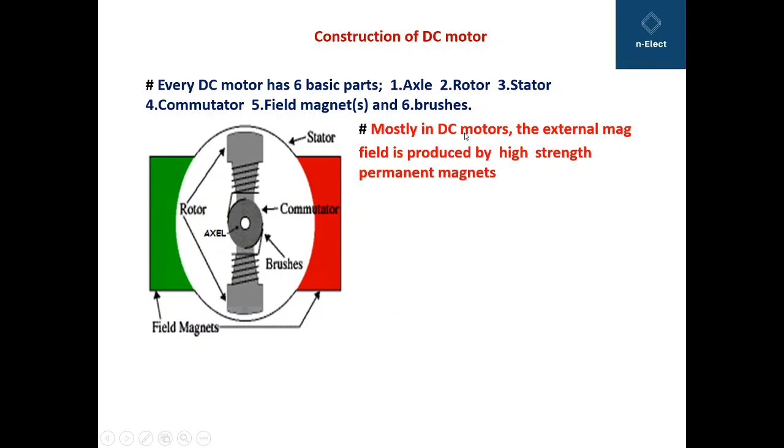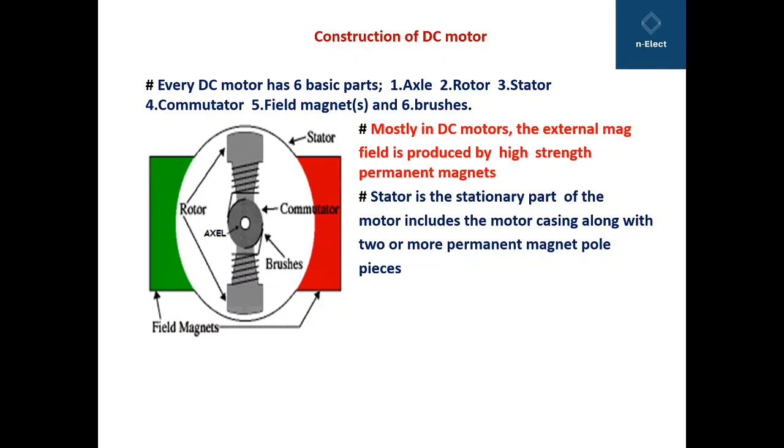Mostly in DC motors, the external magnetic field is produced by high strength permanent magnets, which are these magnets. Stator is a stationary part of the motor and it includes the motor casing along with two or more permanent magnet pole pieces.